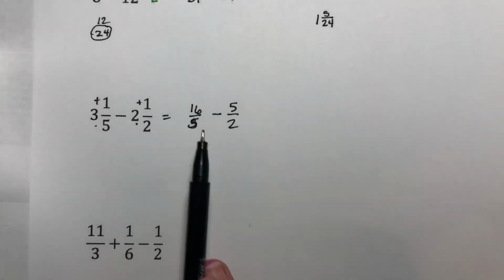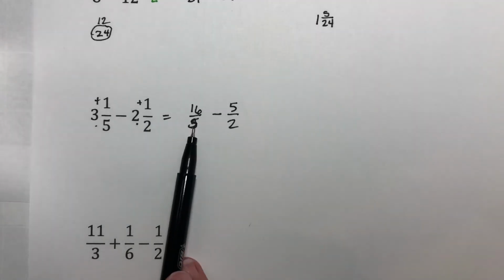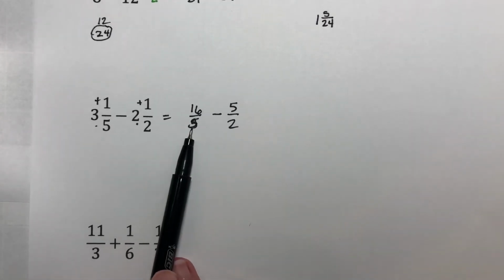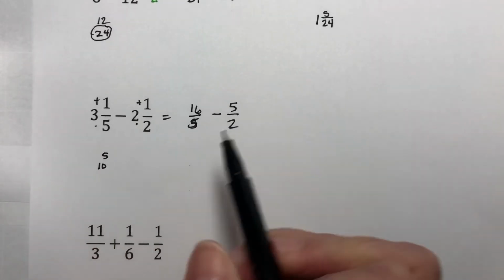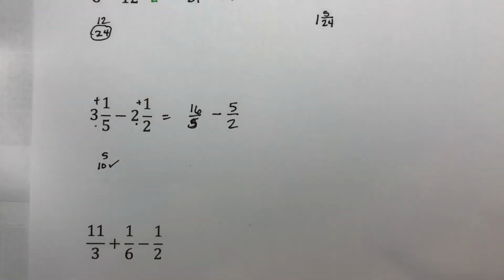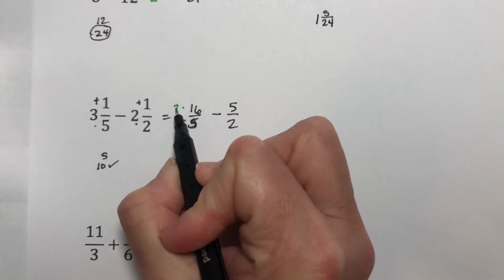Okay? Now we do not have a common denominator. So we start off with our largest one. Does 2 divide evenly into 5? No. So we tried 5. It didn't work. 5 times 2 is 10. Does 2 divide into 10? Yes. So 10 is my least common denominator. So I wanted to turn both of these into a 10. So I multiplied this by a 2 to get a 10, so I have to multiply the top by 2 as well.